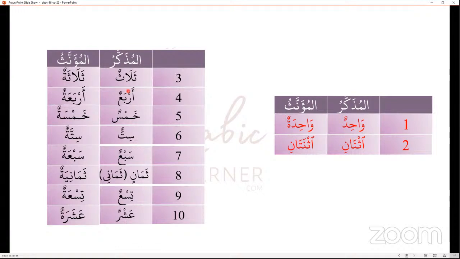Wahidun, wahidatun, ithnani, ithnatani, thalathun, thalathatun, arba'un, arba'atun, khamsun, khamsatun, sittun, sittatun, sab'un, sab'atun, thamanin, thamaniyatun, tis'un, tis'atun, ashrun, asharatun. This is how you need to remember this.